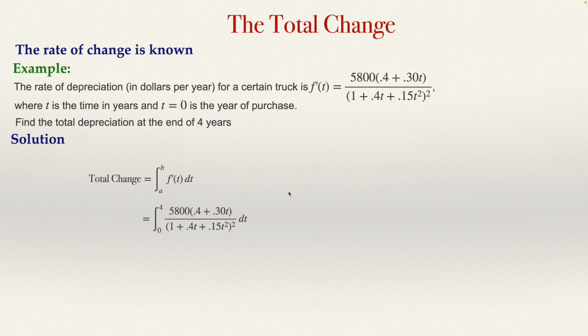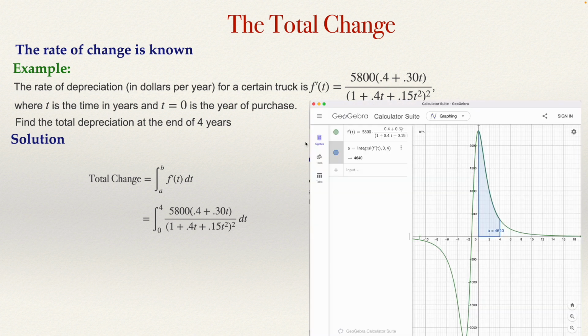I used GeoGebra to compute this integral. That is not difficult using substitution. In GeoGebra I just type the function and then get the integral of this function from 0 to 4. Remember, if you put integral and you put the function and two values, GeoGebra is going to compute the definite integral, and in this case it will be between 0 and 4.